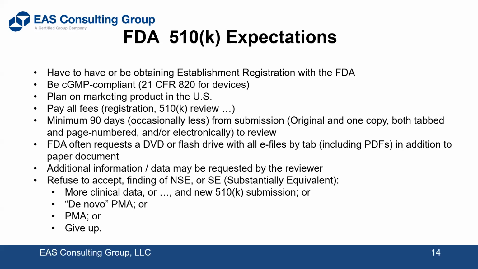The GMPs, 820, apply to those devices marketed and sold in the United States. So it doesn't matter where they're manufactured, but if they're going to be sold in the US, they have to comply with the GMPs. There is a goal to harmonize the GMPs with Europe. And right now there's an attempt on the part of the FDA to once again revise 820 to match the format of 1345.